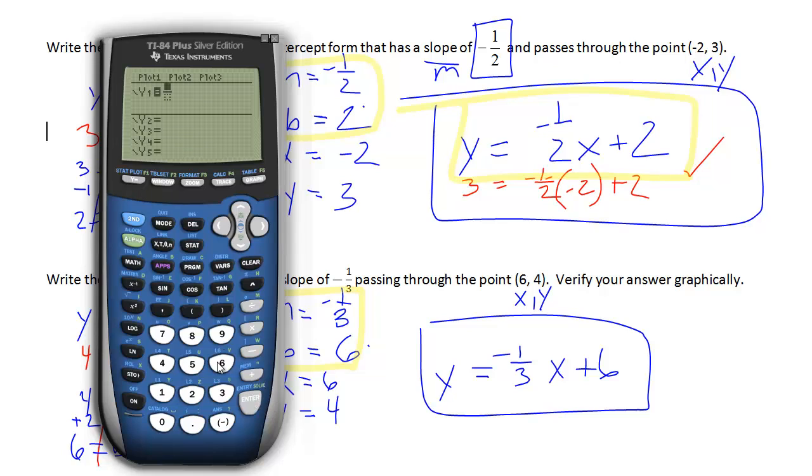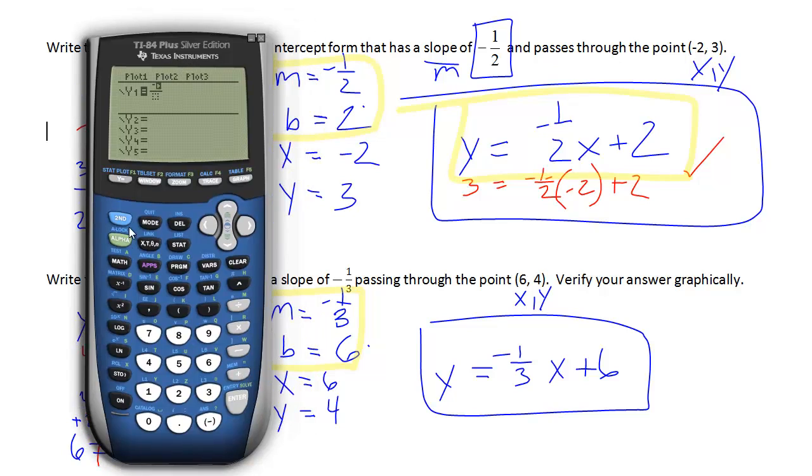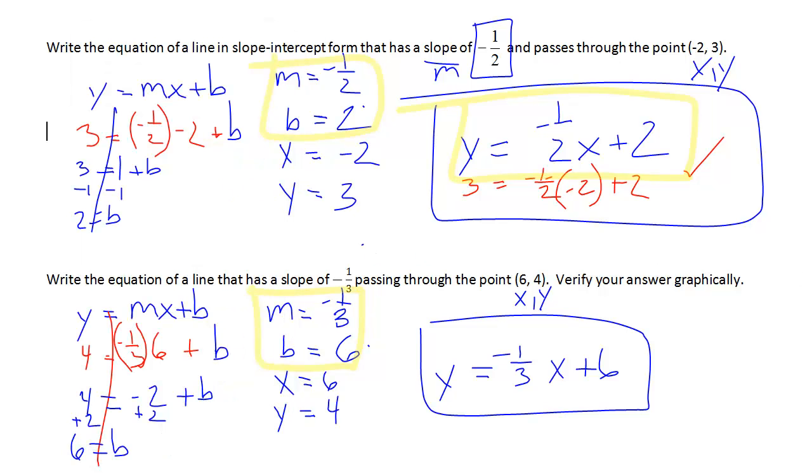I'm going to go ahead and put it as a stacked fraction, make it look exactly like that. And I do that by just hitting the alpha y equals key. So -1/3 times x plus 6. There's my graph. And I'm going to verify that the point 6,4 is on it. I can easily do that by going to my table. And I see 6,4 right there.